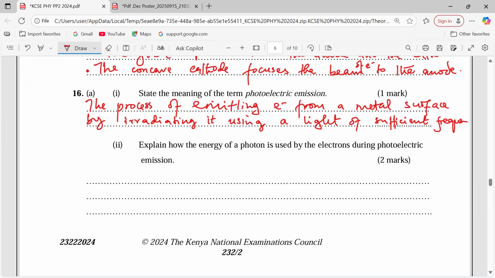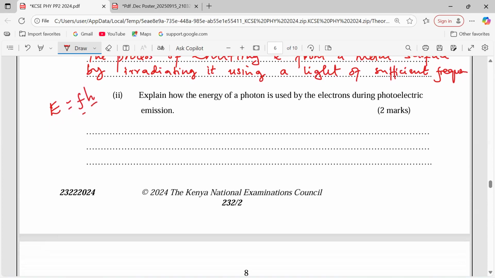Therefore, the light which is being focused on the metal surface should have sufficient energy, or rather sufficient frequency, because you know very well energy equals hf, Planck's constant times the frequency.